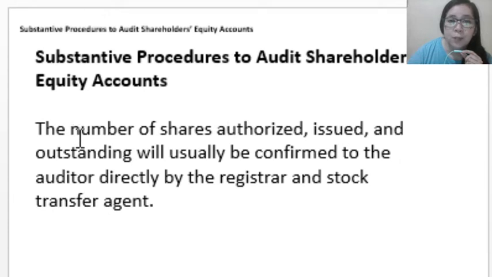So the number of shares authorized, issued, and outstanding will usually be confirmed to the auditor directly by the registrar and stock transfer agent. Since the auditor uses the confirmation procedure, he will be the one who sends the confirmation request and the responses will be sent directly to the auditor.